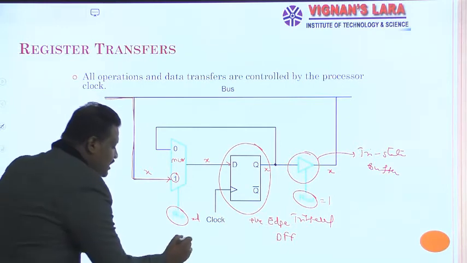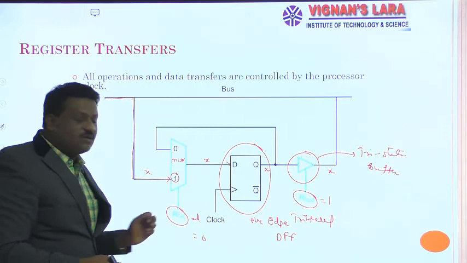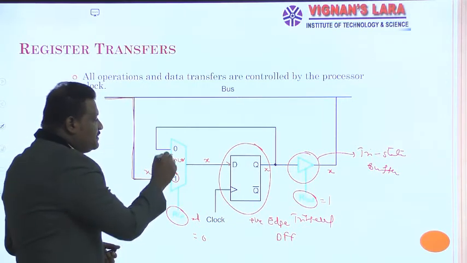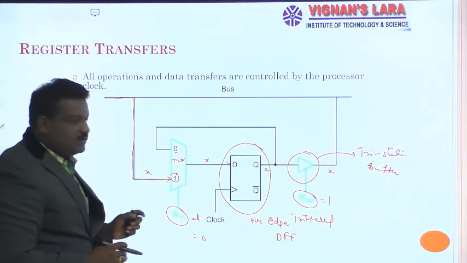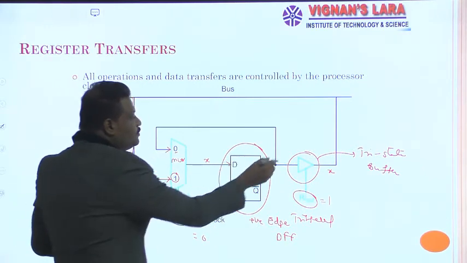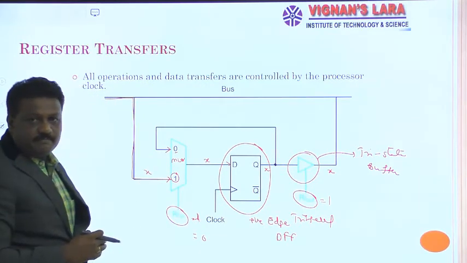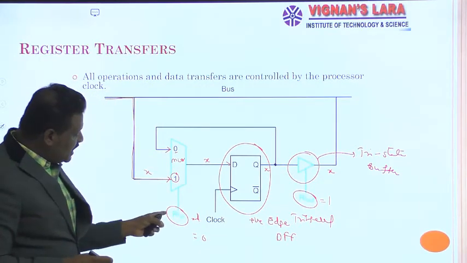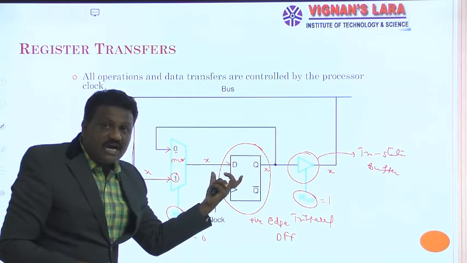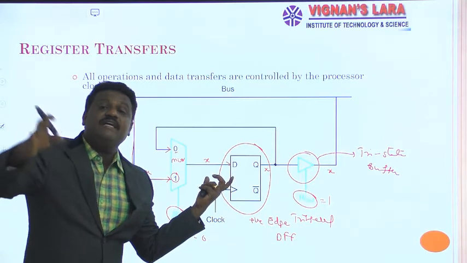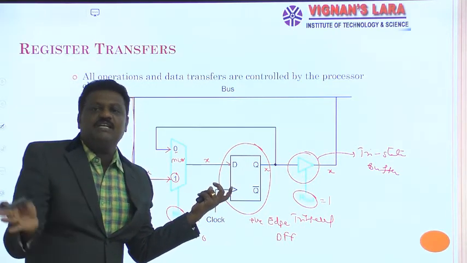What happens if RIN is equal to 0? If RIN is equal to 0, this multiplexer selects the 0th input. What is the 0th input? This 0th input is nothing but the output of my D flip-flop, so it is fed back to the input here. If RIN is equal to 0, that means the register RI does not receive any data from the internal bus.